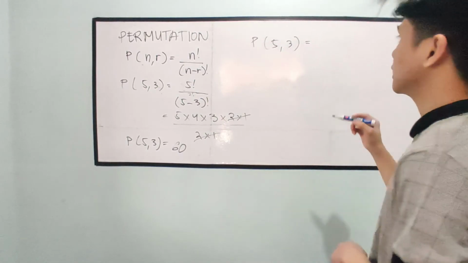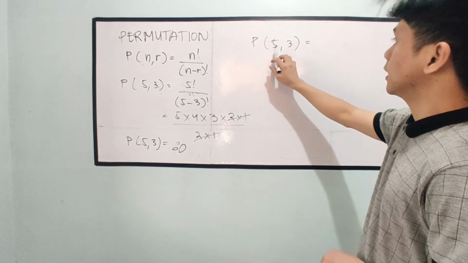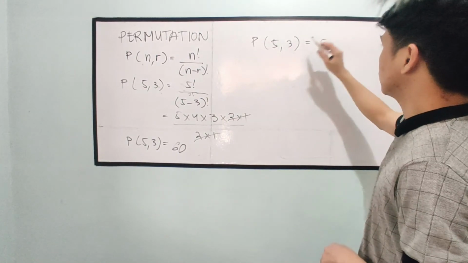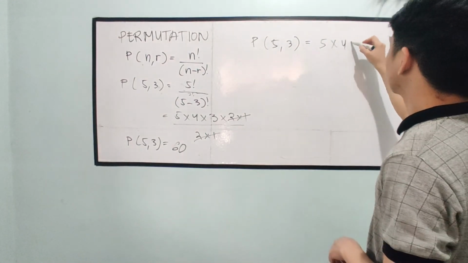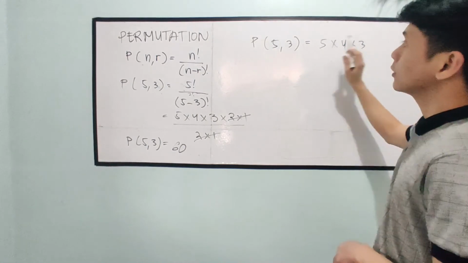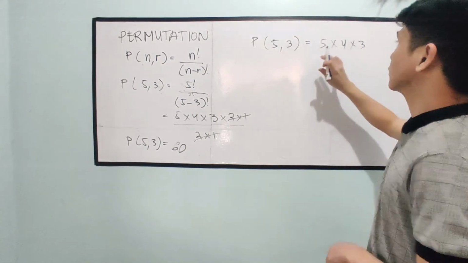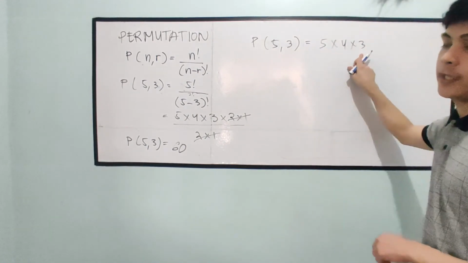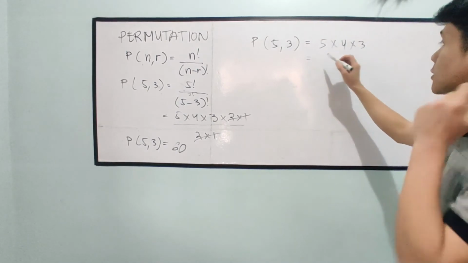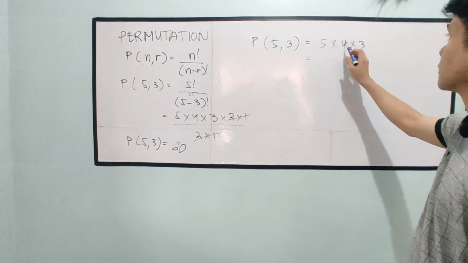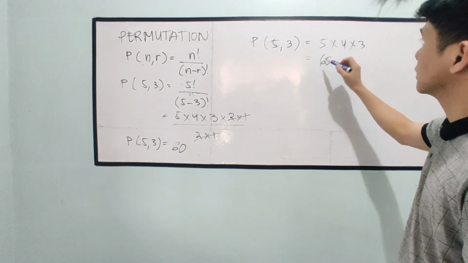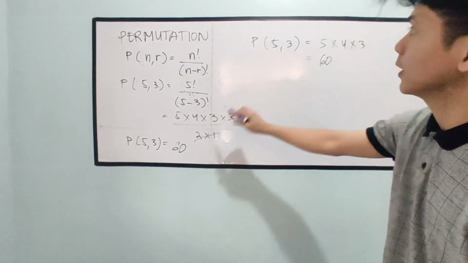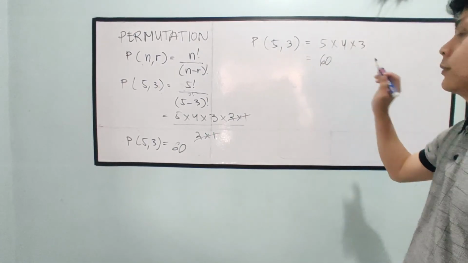So, yung shortcut niya is simply i-multiply lang natin yung mga less than sa 5 na number. 5 times 4 times 3. Pero, dahil 3 yung r natin, so, tatlong number lang yung i-multiply natin. So, yung result niya is 5 times 4 is 20 times 3 is 60. So, equal. Pero, shortcut lang yung ginamit natin, mas mabilis.